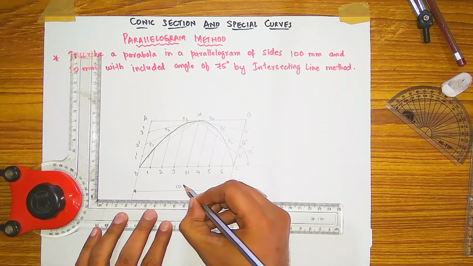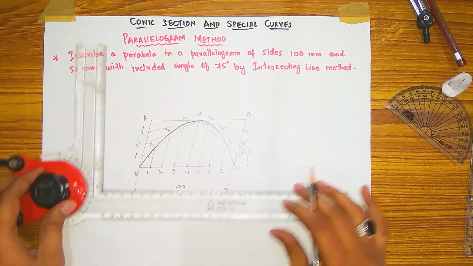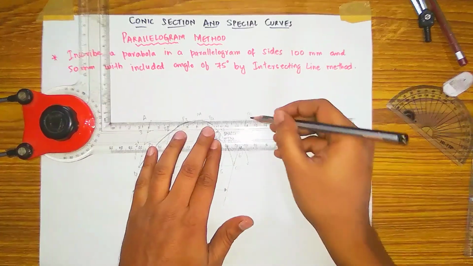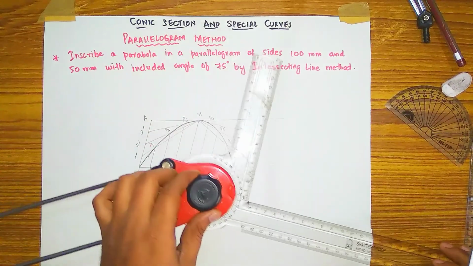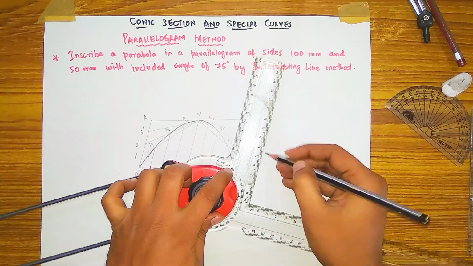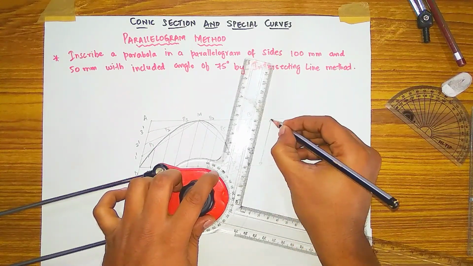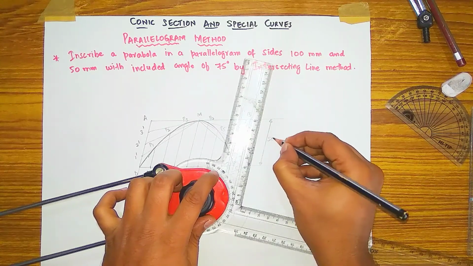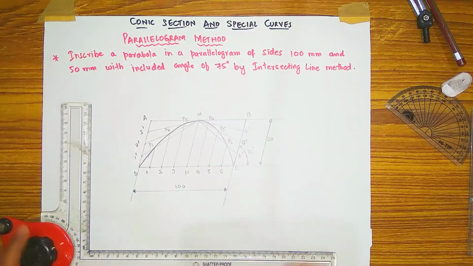This is 10 centimeters, meaning 100 mm. Show this side also as 50, as given in the question. This is the complete solution of the parabola by the parallelogram method.